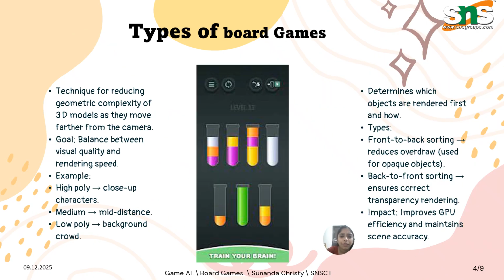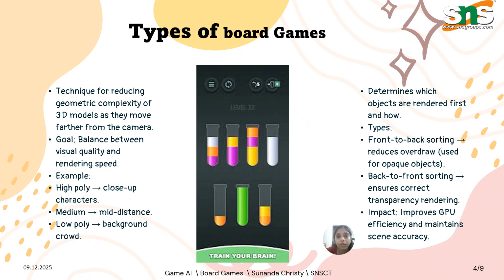So we have lots of board games. For example, if you take chess, one of the board games, how is this chess game utilized and what are the things needed to utilize it in the system? For that we will use a few techniques, and also we'll be using the geometric complexity of 3D models as they move.